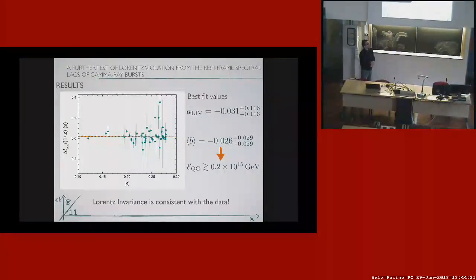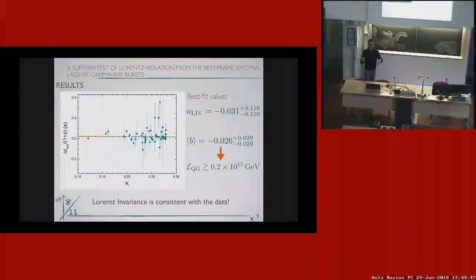This is the energy scale up to which we can neglect the contribution of the supposed quantum gravity effect. And so the authors claim that Lorentz invariance is consistent with the data, so we do not expect any violation of the Lorentz symmetry.